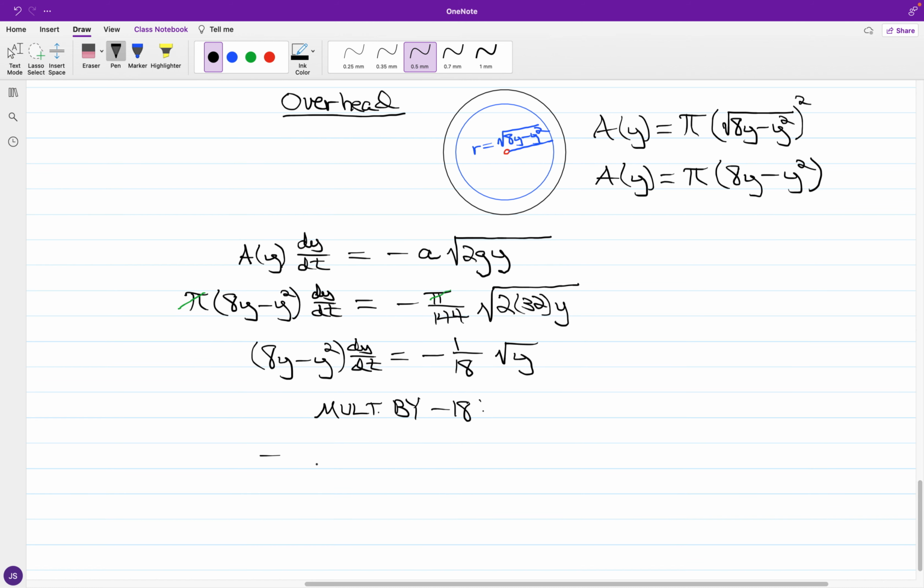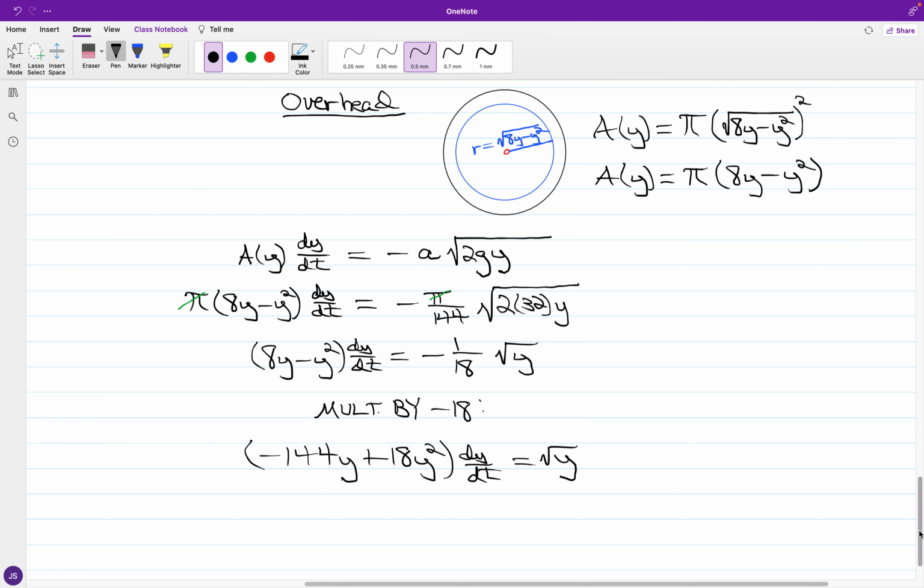We have negative 144y plus 18y squared quantity, dy over dt, is equal to the square root of y.